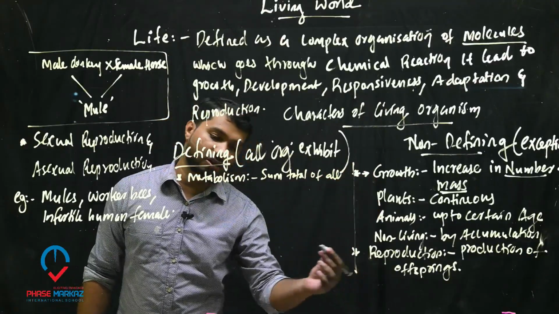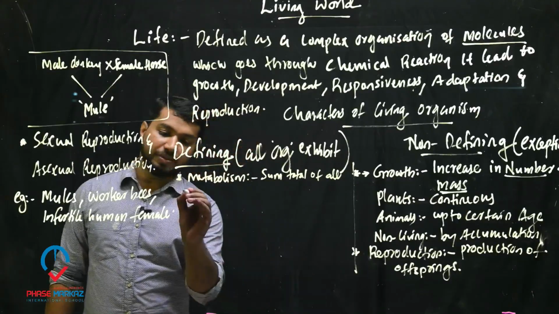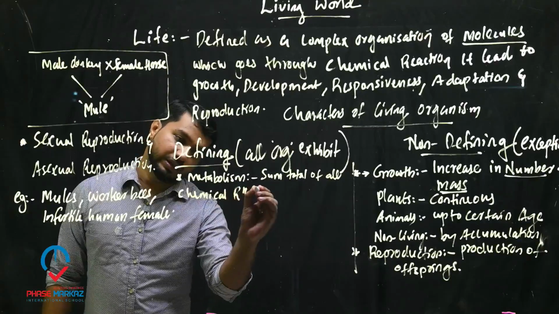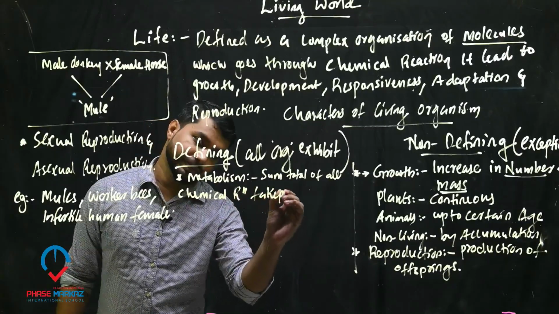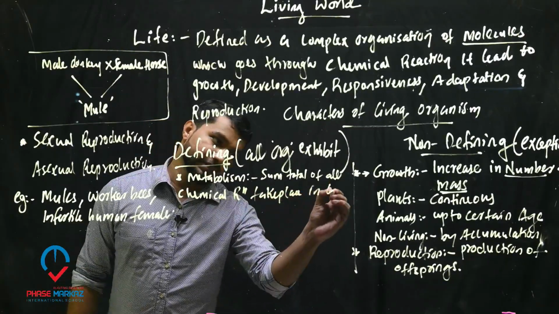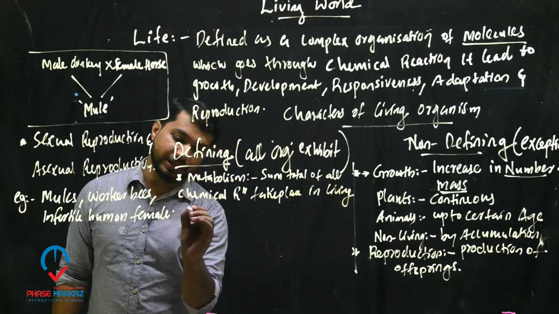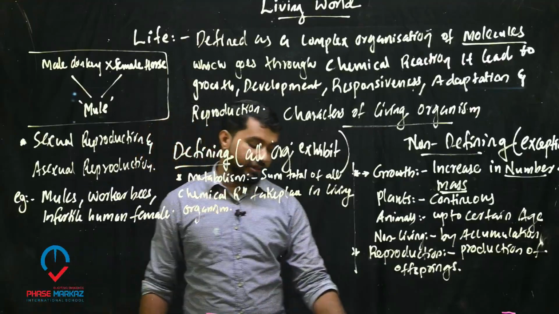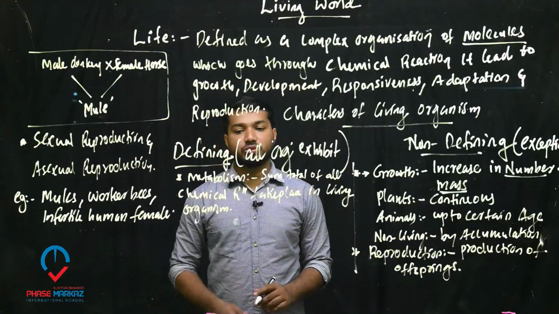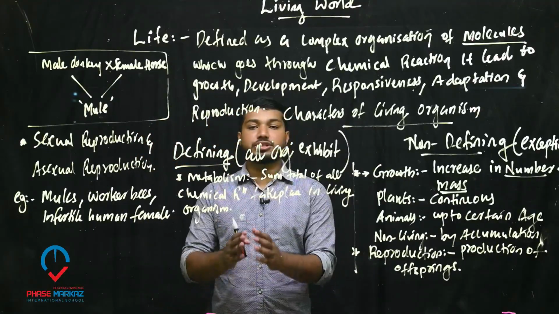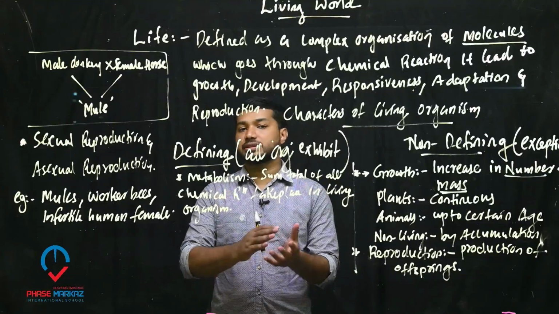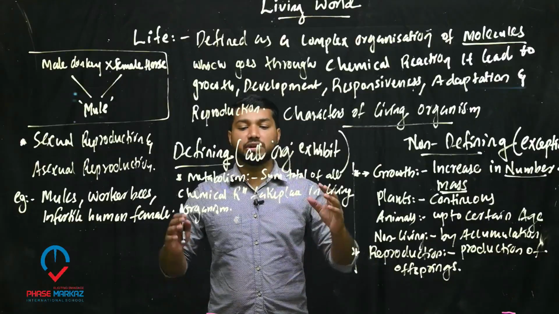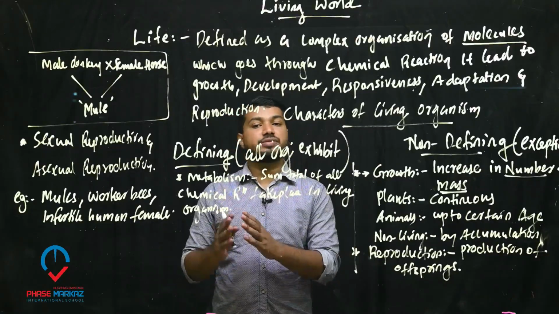The sum total of all chemical reactions taking place in the living organism, that is metabolism. The definition of metabolism is very important, asked in the board examination as well as in the entrance examination.